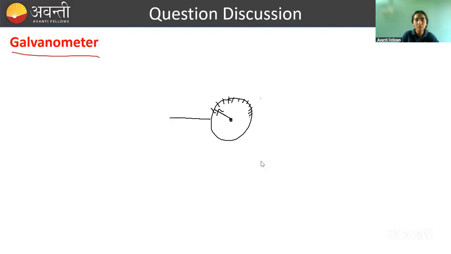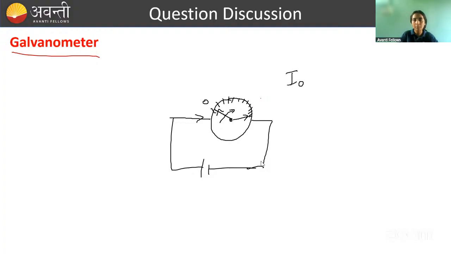And when current will flow through this galvanometer, suppose you are connecting it with the battery, then what will happen? Because of current flow, this scale will rotate. ठीक है, अगर इतना करंट फ्लो किया है that can rotate this scale up to this value, then this will rotate by 100%. I mean, it will move from zero mark to the maximum mark if sufficient current is there. That sufficient current is called galvanometer current.